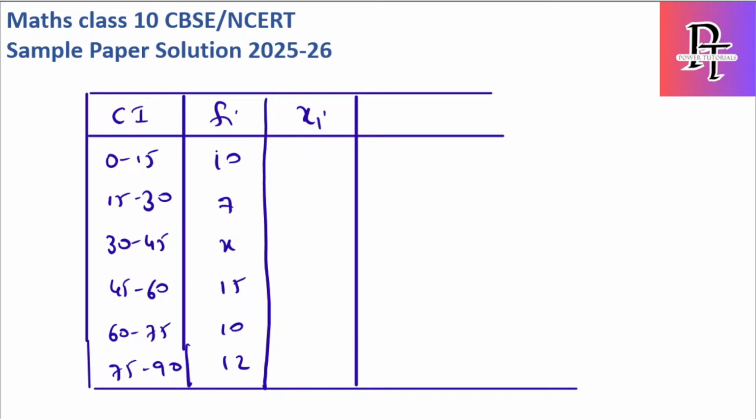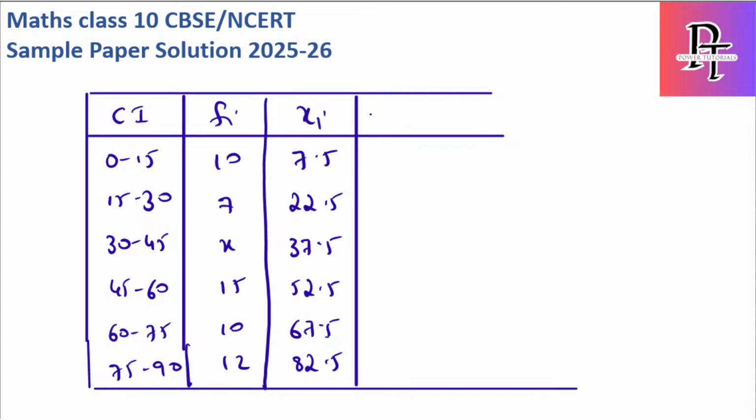For xi, it is nothing but the midpoint, which is 7.5, 22.5, then we have 37.5, 52.5, 67.5. The last is 82.5.